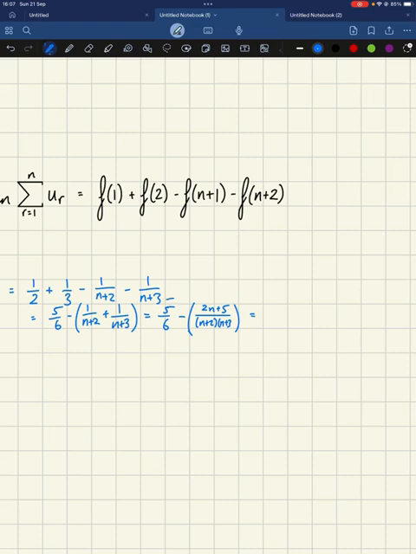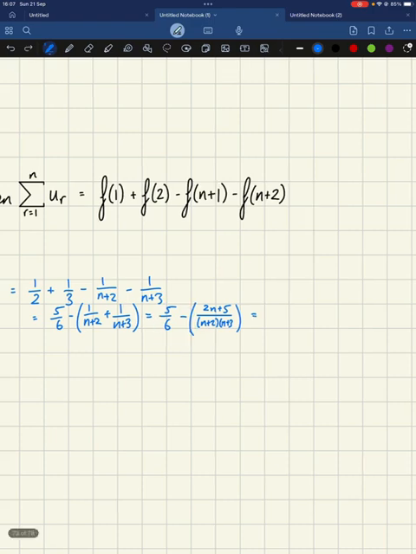Now we'll combine these fractions, so we'll get 5 lots of this minus 6 lots of this, so 5 times (n plus 2)(n plus 3), which is n squared plus 5n plus 6. So actually that's just going to become 5n squared plus 25n plus 30.